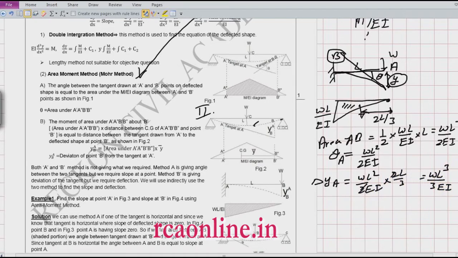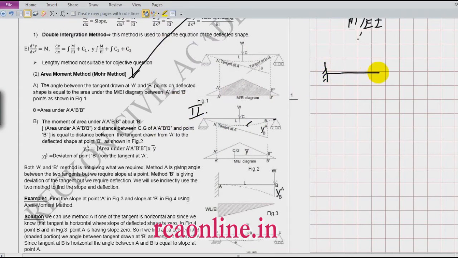Such an easy way. But again, this is only possible when the load is a point load and the tangent is horizontal at B. If it had been a UDL, then it would be a second degree parabola, and I would have difficulty in finding the deflection and slope at point A. Clear?